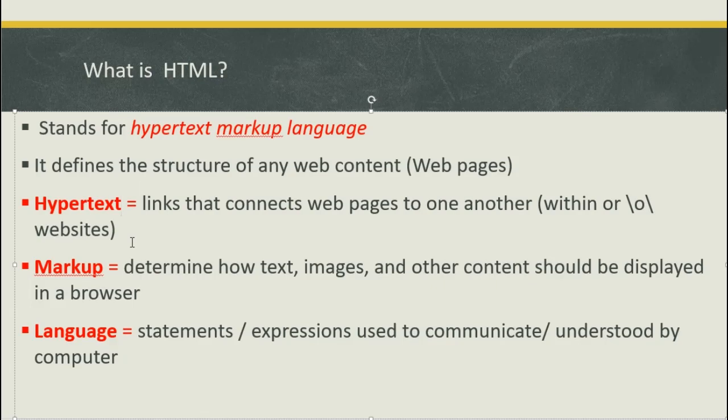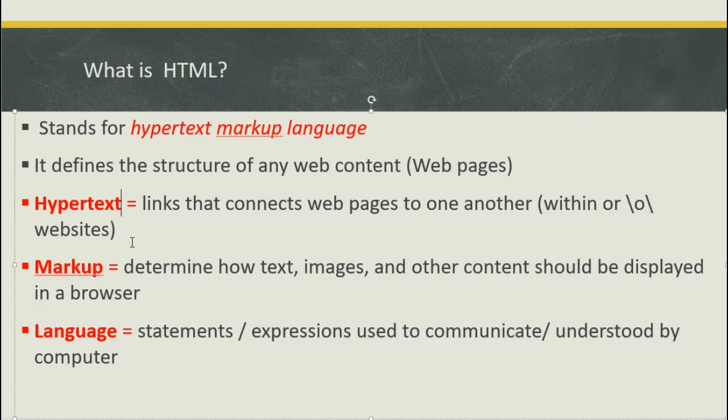If you click that link, you'll be directed to that specific blog, then you see what's there. Or if you visit a particular website, there will be many links that you click, and those links enable you to navigate the website itself, and the web in itself. So hypertext just refers to links that connect web pages or websites themselves.